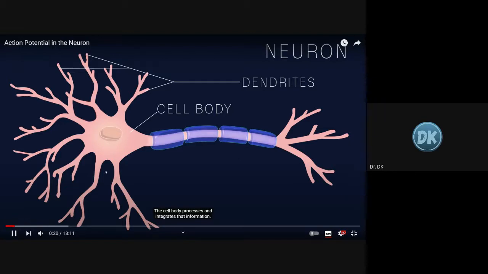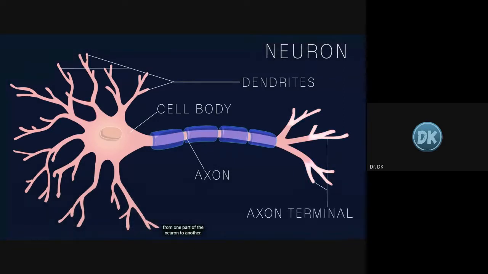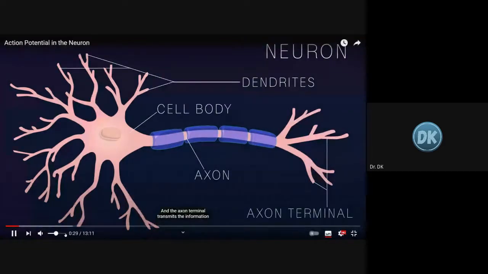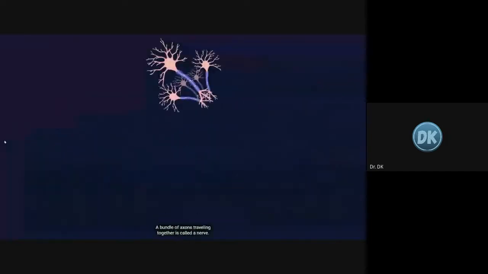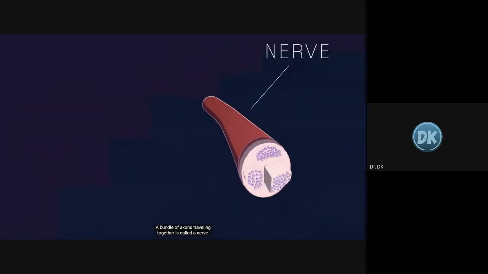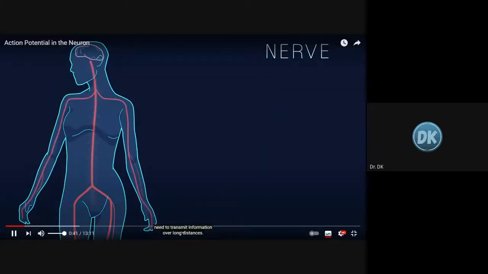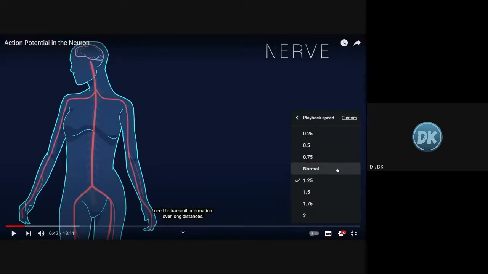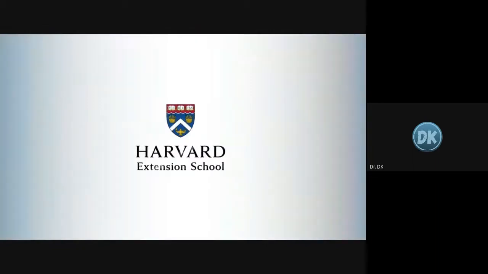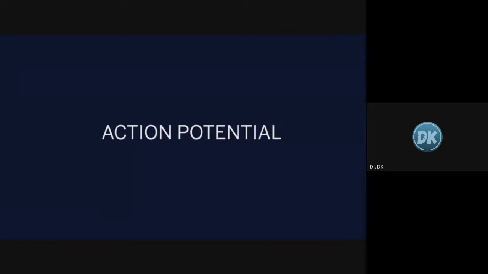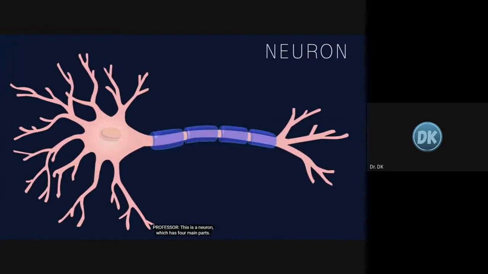The axon carries the information along long distances from one part of the neuron to another, and the axon terminal transmits the information to the next cell in the chain. A bundle of axons traveling together is called a nerve. Nerves can be very long, as they often need to transmit information over long distances. This is a neuron, which has four main parts.